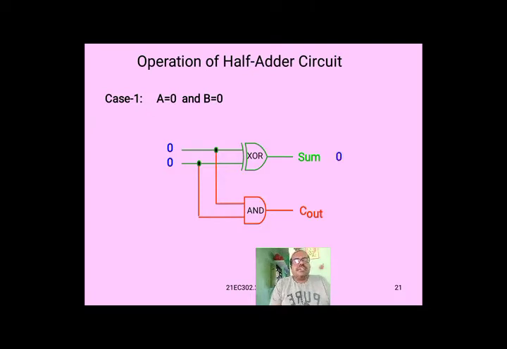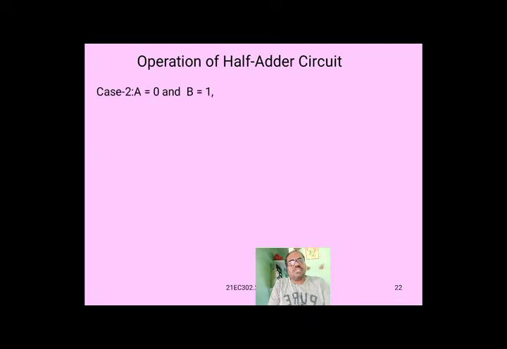For AND gate, carry is giving the output 0. So, if A equal to 0, B equal to 0, sum is equal to 0 and carry equal to 0. Okay, please make a note of this operation of half adder circuit.